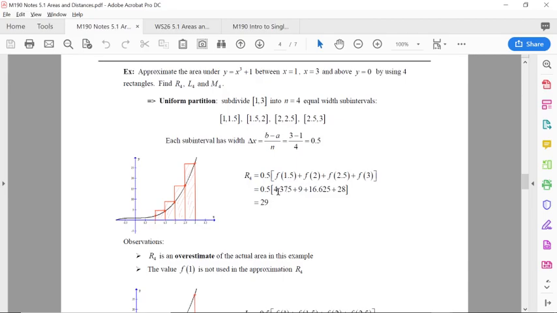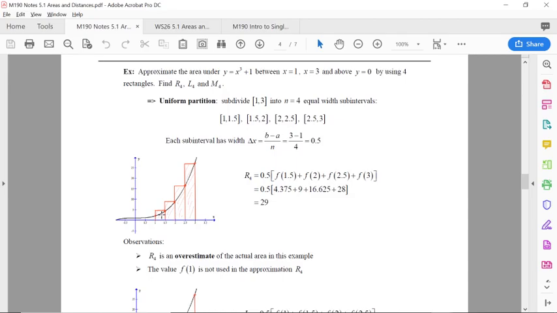So 4.375 is the height of our first rectangle, and the width of that rectangle was 0.5. Got that from delta x, from the uniform partition. Therefore, the area of this first rectangle would be 0.5 times 4.375, or 4.375 times 0.5, you can commute them. The product of these two numbers is the area of that rectangle.